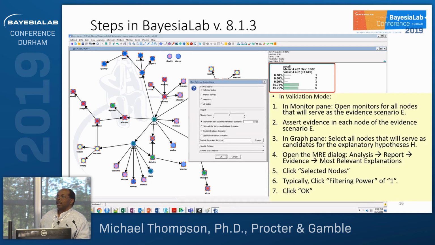And that's very helpful because now that you've got your evidence scenarios in the monitors, you can run through each of those individually, asserting the evidence and looking at them. You can also use those as filters for selecting out cases within your database.